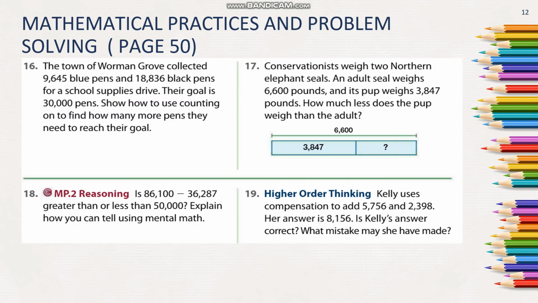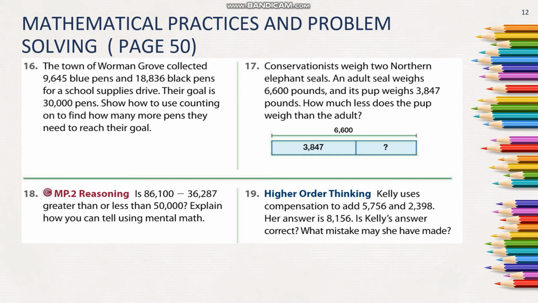Question number 16. The town of Warman Grove collected 9,645 blue pens and 18,836 black pens for a school supplies drive. Their goal is 30,000. Show how to use counting on to find how many more pens they need to reach their goal.